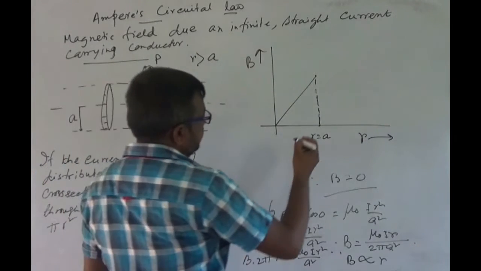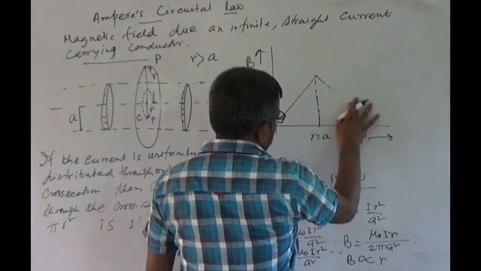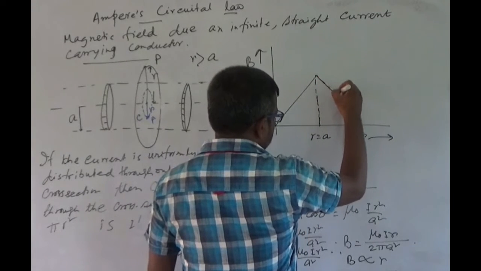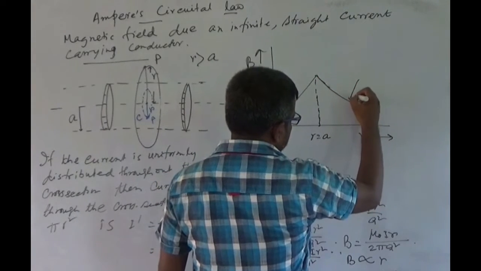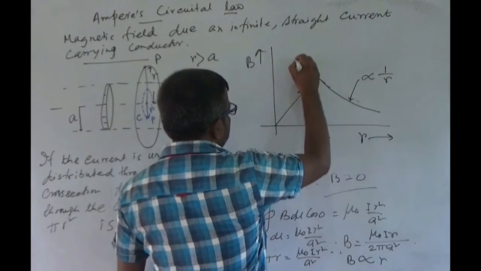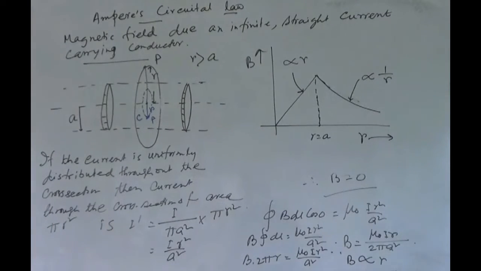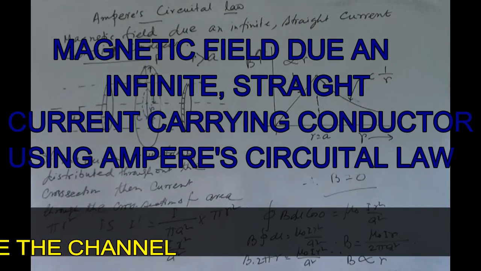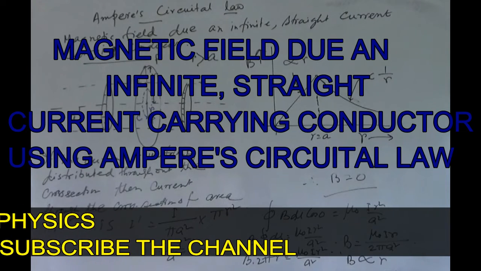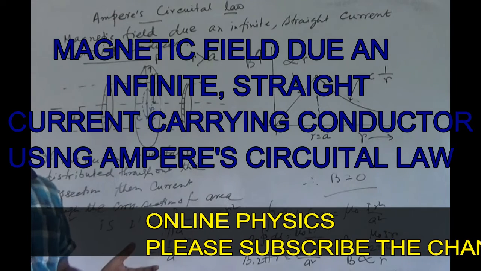Outside the conductor, it is inversely proportional to the distance. That means this variation is proportional to 1 by r, and this variation is proportional to r. This is the magnetic field due to an infinitely long straight current carrying conductor at different points, that is, inside the conductor and at outside points.